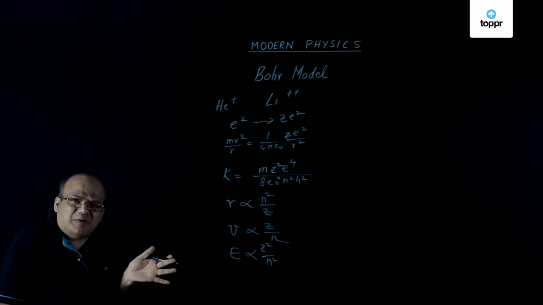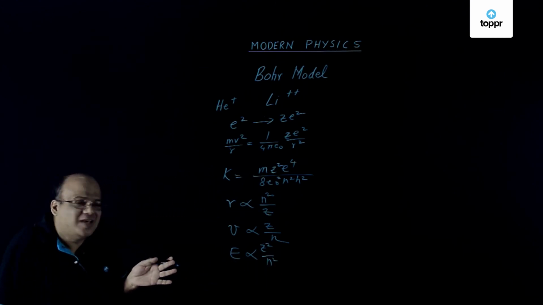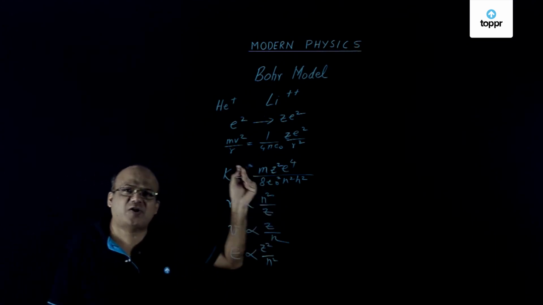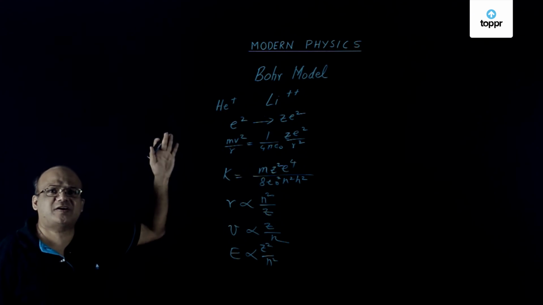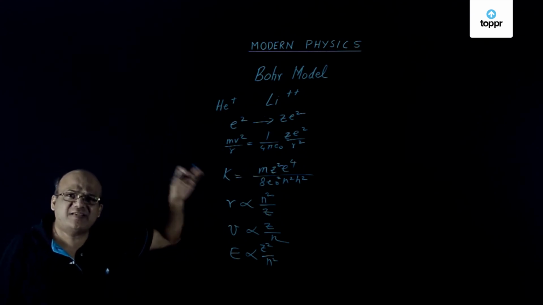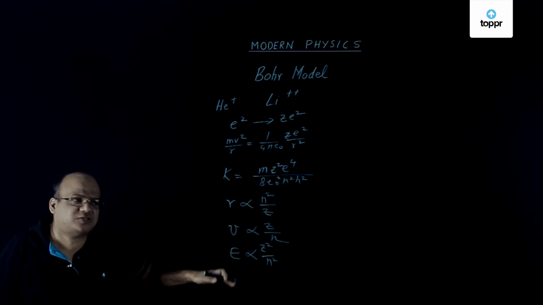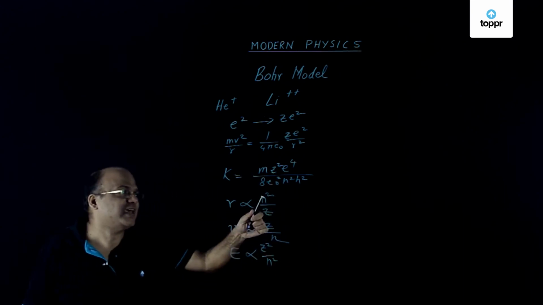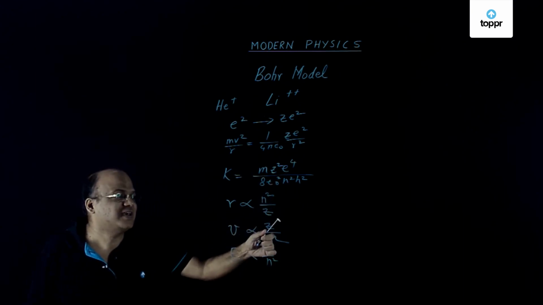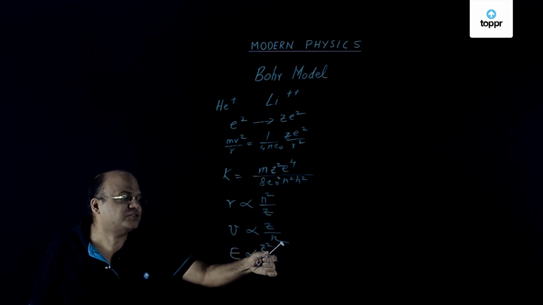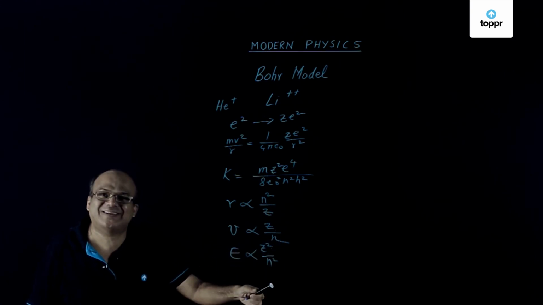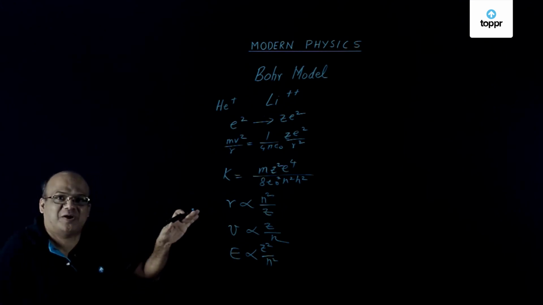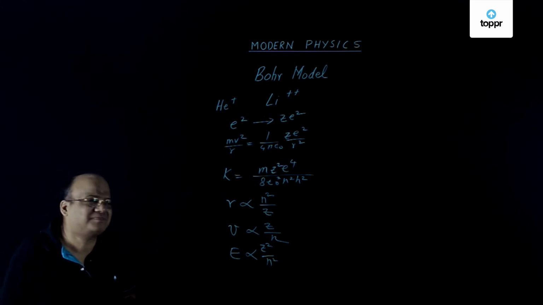Now you may think, how will you remember all these things? First thing to remember, n and Z are on opposite sides of the numerator and denominator. If n is upstairs, Z is downstairs. If Z is upstairs, n is downstairs. Here you see n upstairs, Z downstairs. Z upstairs, n downstairs. So now you'll never get confused about which one is up and which is down. One is up, the other is down.